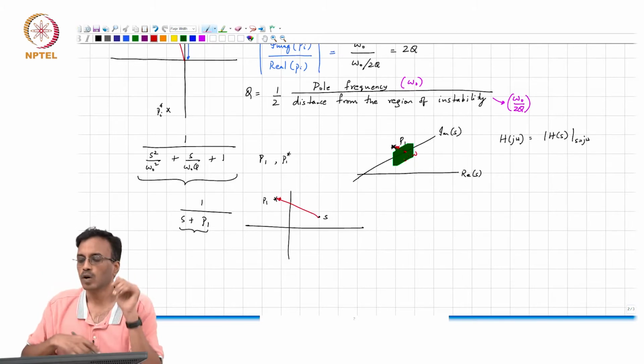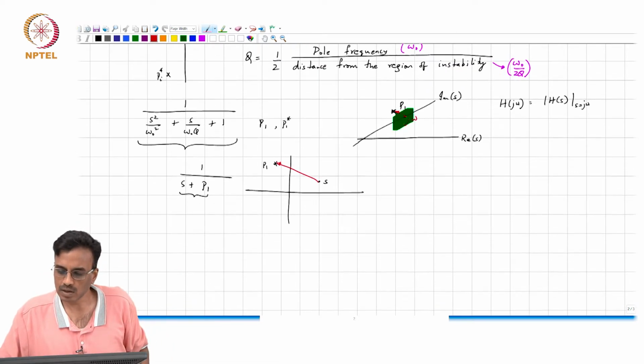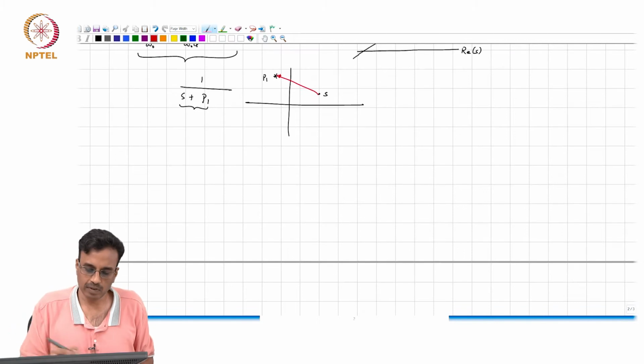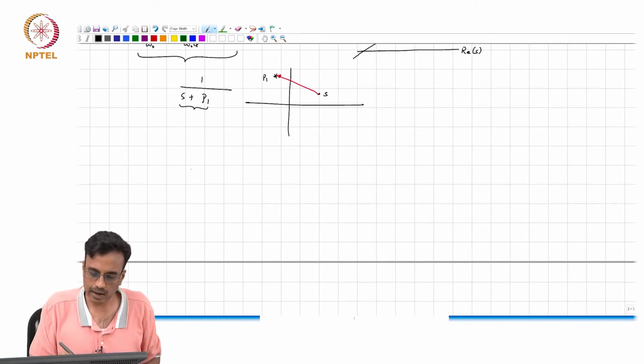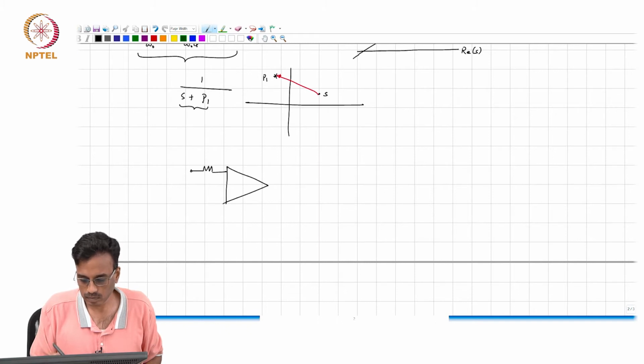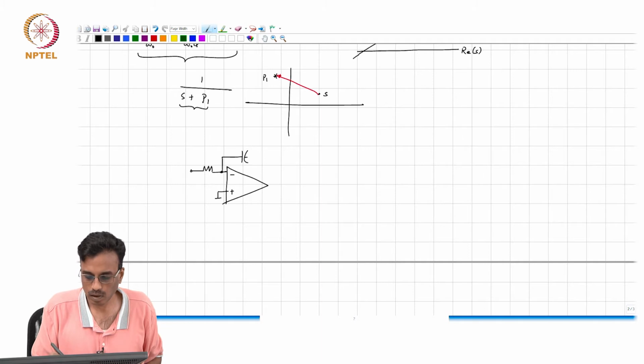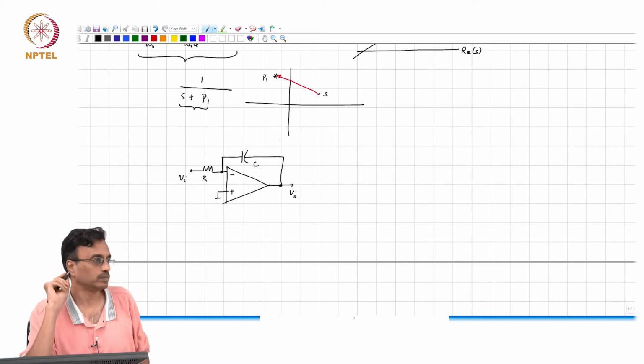All right. Okay. So, with all this background information, let us see what happens to the behavior of our integrator. Let us say this is R and this is C, this is Vi and this is Vo.